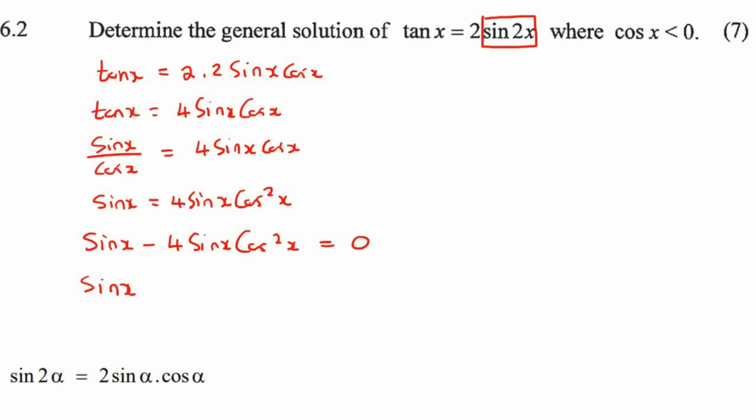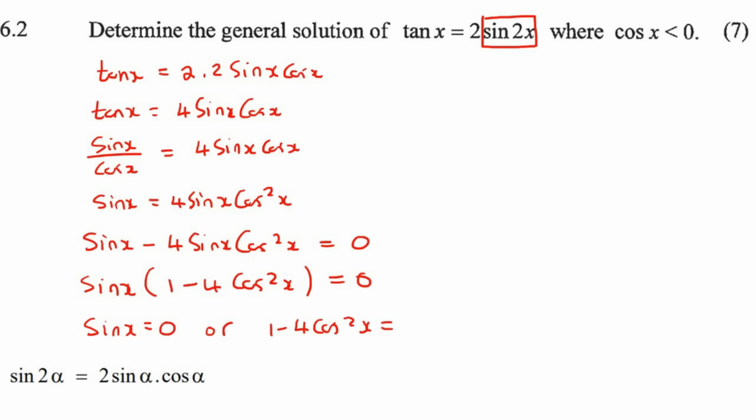So we can take out a common factor, which is sin x, and then we'd be left with that over there. There we go. Now we can say, therefore, sin x is equal to 0, or 1 minus 4 cos squared x is equal to 0. So sin x is 0, or 1 is equal to 4 cos squared x.